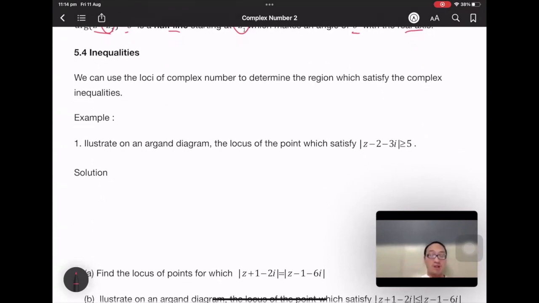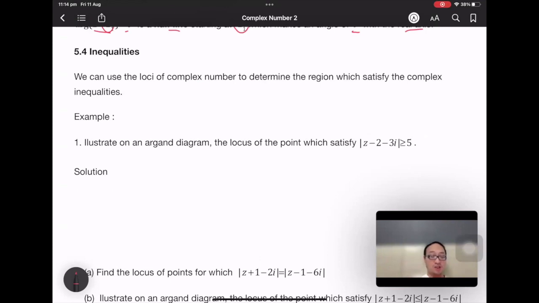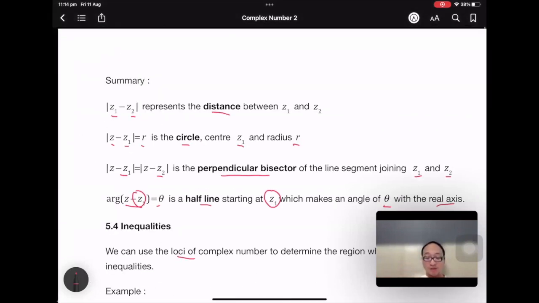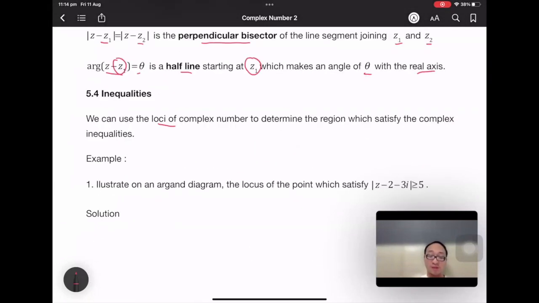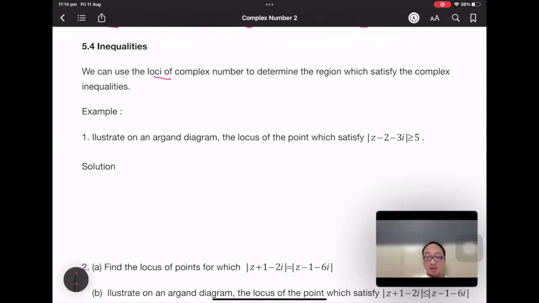Now we move on to the inequalities. To solve inequality problems, we need to draw the loci of the complex number from the previous subchapter. So we draw it first, and after that, we can determine the region that will satisfy the complex inequalities.